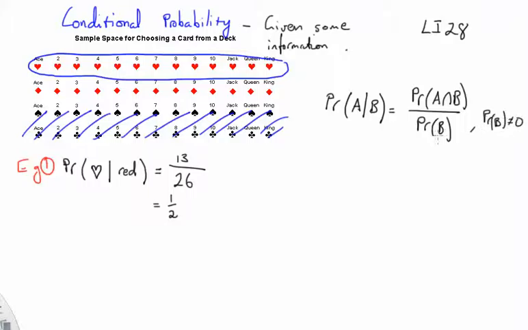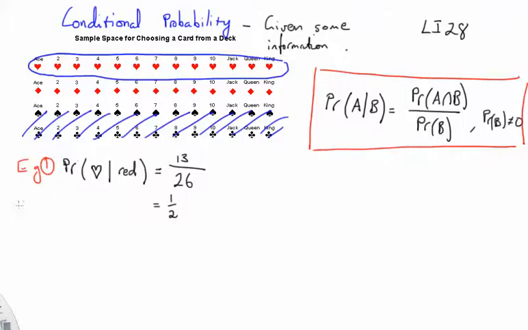This is the conditional probability formula, the one we use when we've been given some information. Let's use it to answer this question.